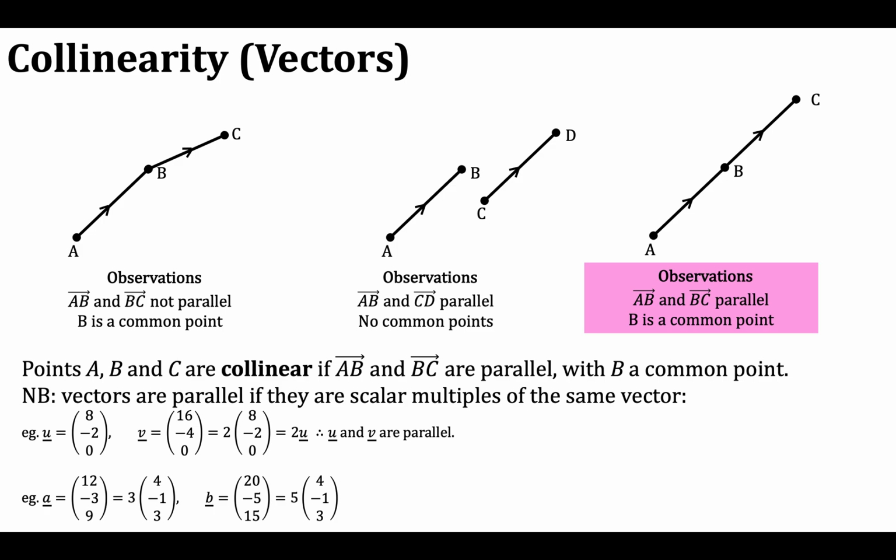Okay, so I can basically find the highest common factor of 12 and 20, -3 and -5, and 9 and 15, and get my vector from there if required. So you can see that a is the same as 3 times (4, -1, 3), and b is the same as 5 times (4, -1, 3). And because we can express these as scalar multiples of the same vector, then we can see that a and b are parallel.